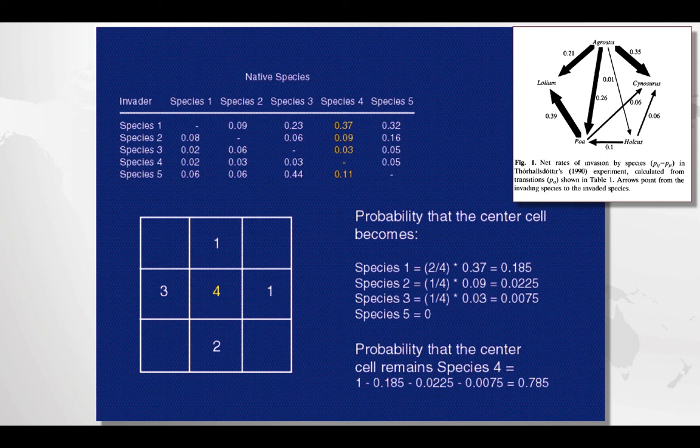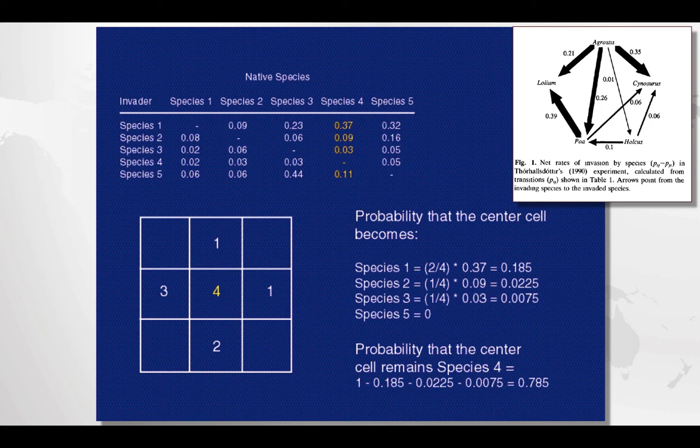You have a grid cell, and notice it's looking at the center grid cell as well as the 4 adjacent cells. It doesn't look at the ones that are only connected at the corners. At time 0, I have species 4 in that center cell. Based on the species around that cell, two 1s, a 3, and a 2, and the known abilities of these species to compete with each other, what is going to be the state of that center cell after a year?